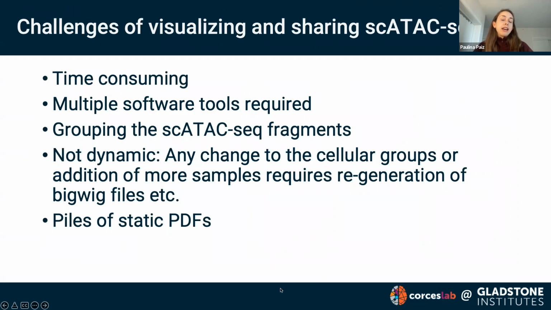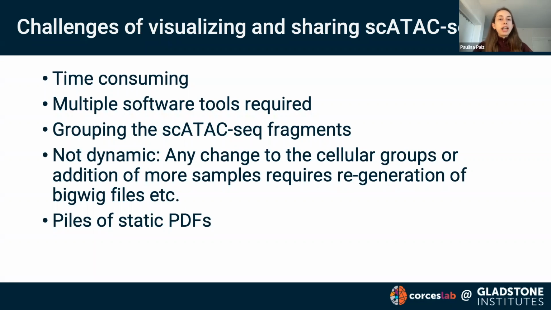sharing and visualizing ATAC-seq data is very challenging for various reasons. One of them is that it's time consuming. Another is that there are multiple software tools required, which make you group single-cell ATAC-seq fragments in a way that sort of counteracts the whole point of doing single-cell assays.